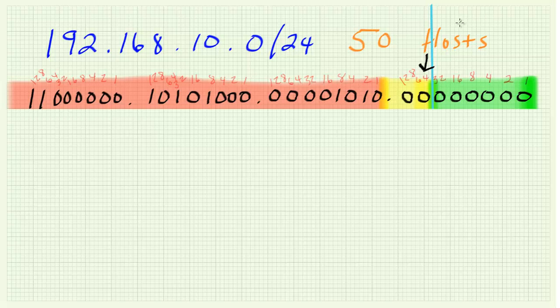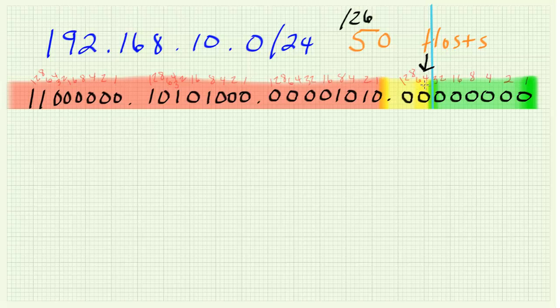From the network specification that we were given, we were told that we needed to accommodate 50 hosts. We determined that that requires 6 host bits, 2 to the 6th, 64 values minus our 2 special cases, 62 hosts. That's just about the right size. So 6 host bits, those are the green bits here. So we put our dividing line right there, which is a /26.